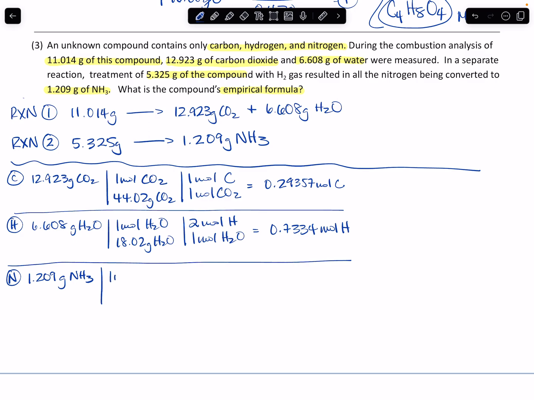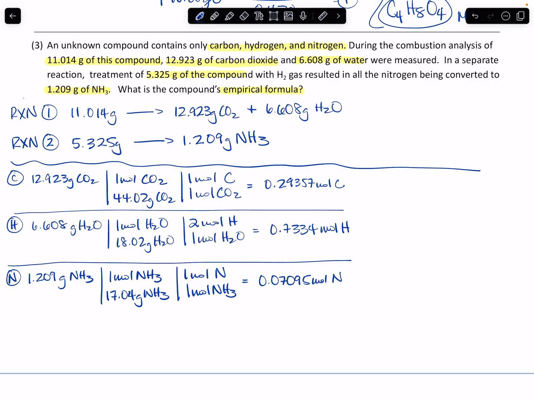We know that 1 mole of ammonia has a molar mass of 17.04 grams, and that 1 mole of ammonia molecules contains 1 mole of nitrogen atoms. So it's very similar to what we did before, except we're working with ammonia. We multiply this out and we get 0.07095, and that's moles of nitrogen.